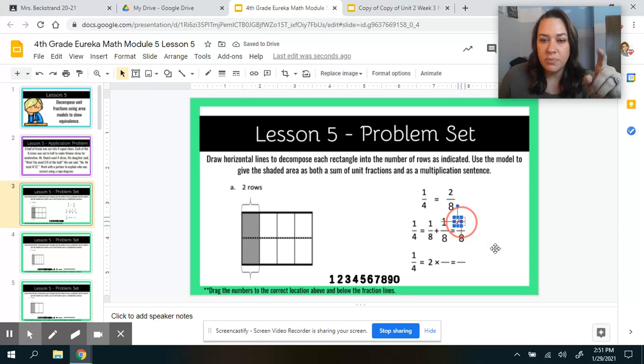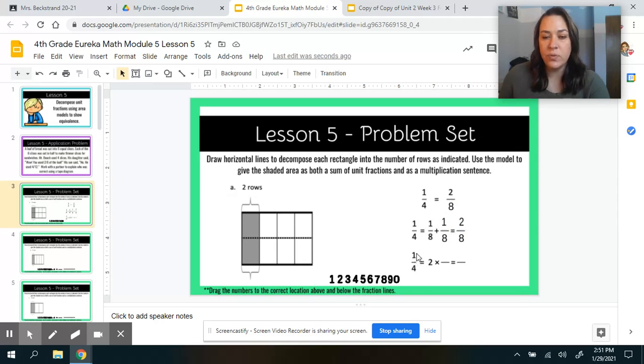And then remember when we take multiplication, well, they're wanting to turn this into a multiplication sentence. So now we can say 1/4 is equal to 2 times that 1/8, that new fraction that we decomposed into. So we would have our 1/8. Remember when we did our multiplication in the last lesson?